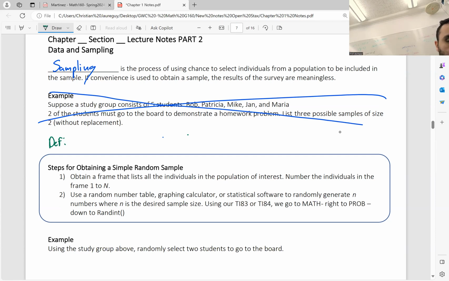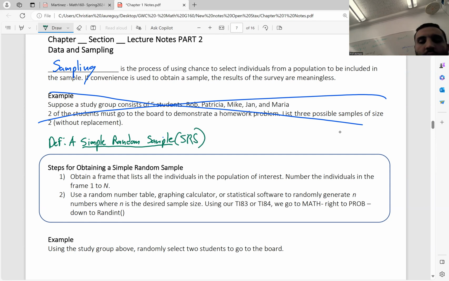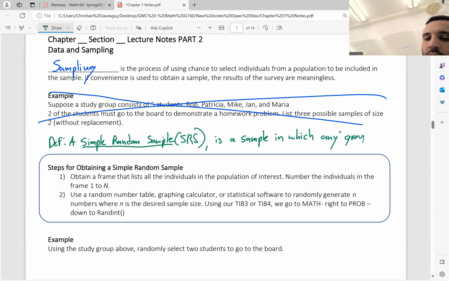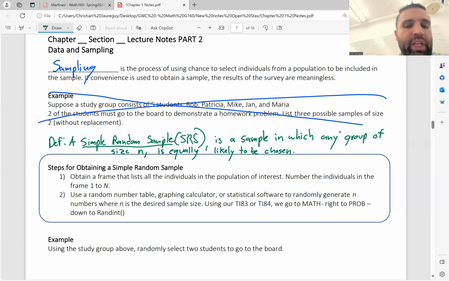Definition: a simple random sample, also known as an SRS, is a sample in which any group of size n, of size little n, is equally likely to be chosen.